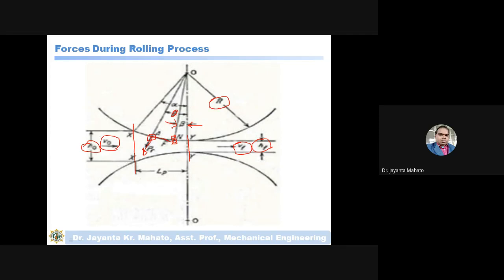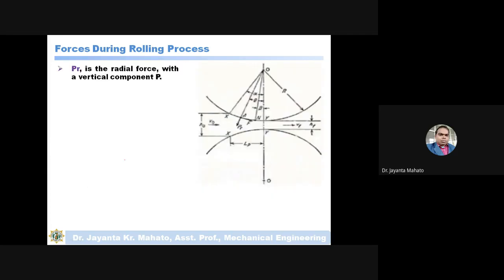And Lp is the projected length, from the center to the entry point, where the workpiece material first touches the two rollers. So this distance is Lp. Just remember this terminology and notation.